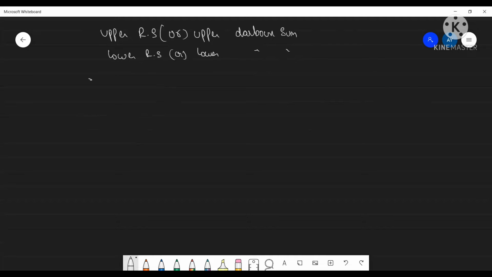So how are these lowers and uppers defined in a partition or in Riemann integration? If there is a function f which is bounded, I hope you all remember the definition of bounded.